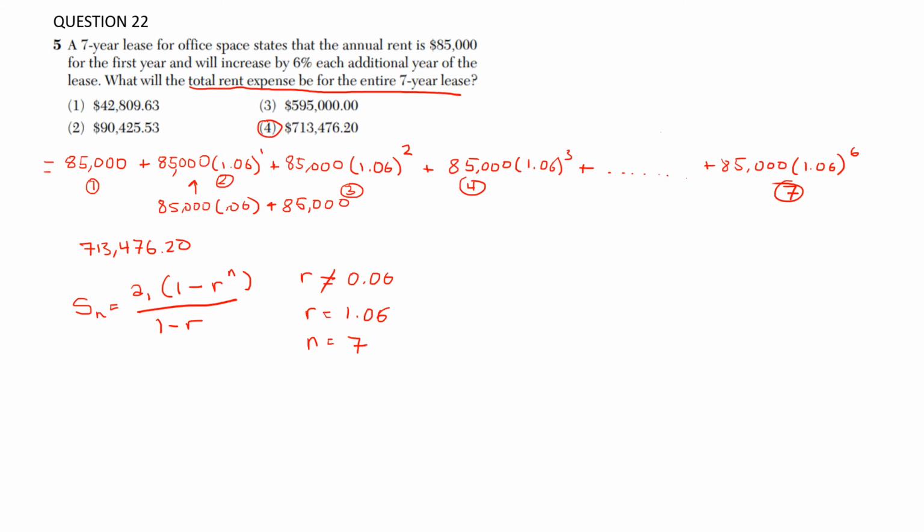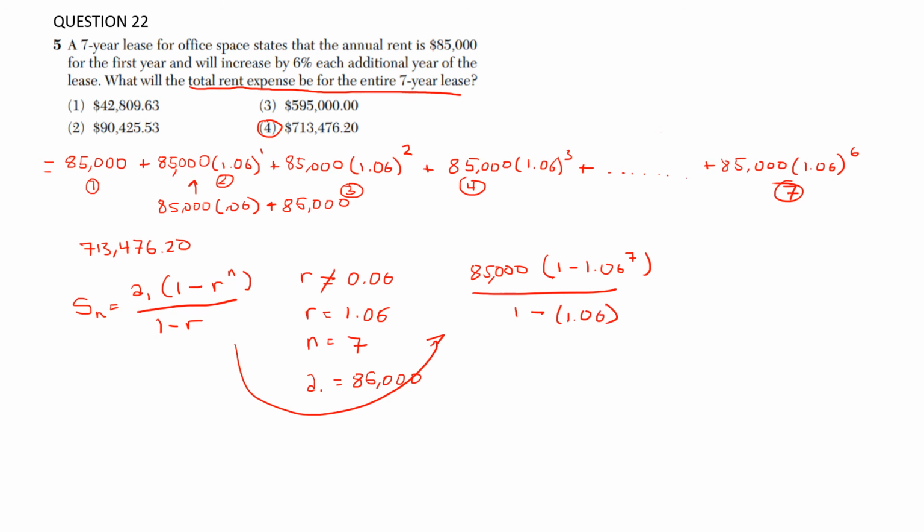And our first term, a1, is $85,000. So plugging in all the values, we get 85,000 times 1 minus 1.06 to the seventh, over 1 minus 1.06, right? Putting it into a calculator, you also get the same number, 713,476.20.